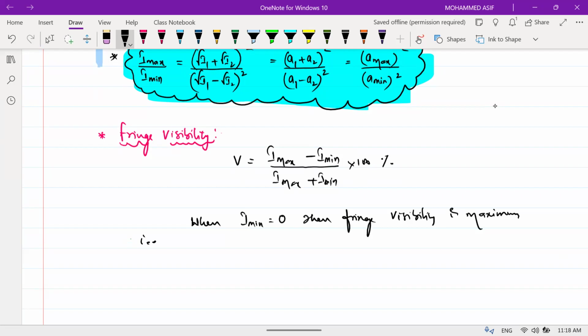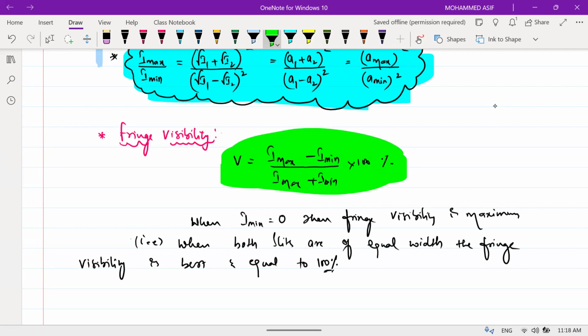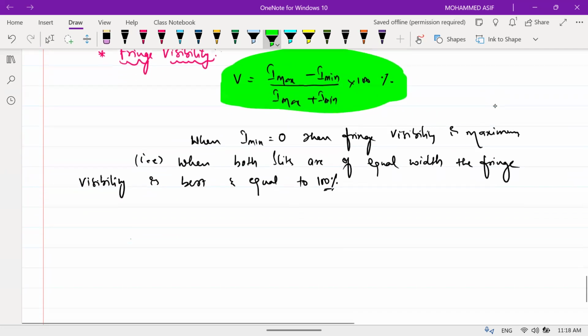That is when both slits are of equal width, and the fringe visibility is best and is equal to 100%. So it is one important formula you need to remember: fringe visibility is I max minus I minima divided by I max plus I minima into 100.